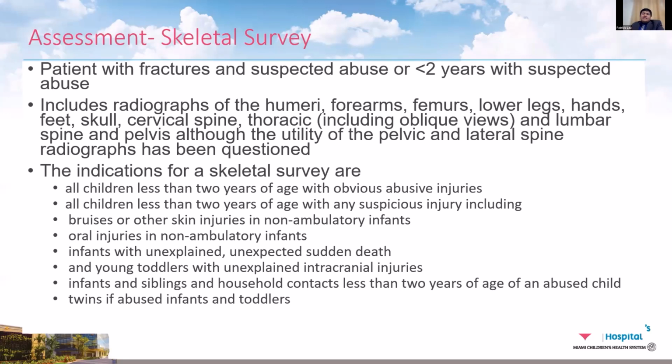They have a phrase that they say: if you don't cruise, you don't bruise, meaning that if a child is not walking around, not cruising around, the child shouldn't be having bruises. So that will prompt you to obtain a skeletal survey. Again, if there are any oral injuries, it will prompt you as well to get a skeletal survey to rule out any other types of injuries.